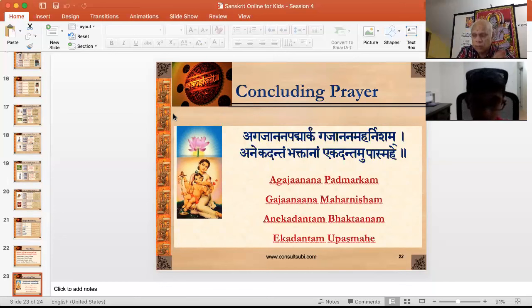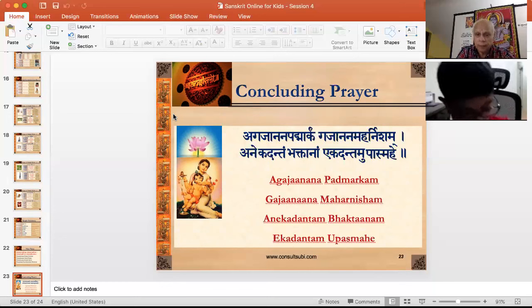Agajanana is a different meaning. Aga means mountain. Ja means a daughter, one who is the offspring of the mountain. Who is it? The mountain here is the Himalayas. The daughter of the mountain Himalayas is Parvati. Parvati also comes from Parvatam.